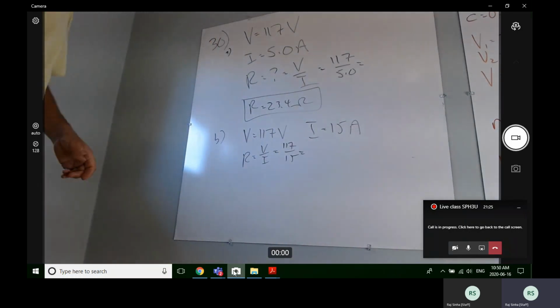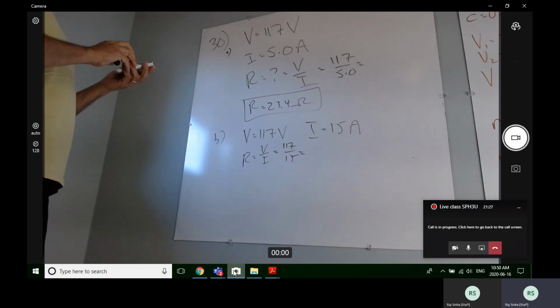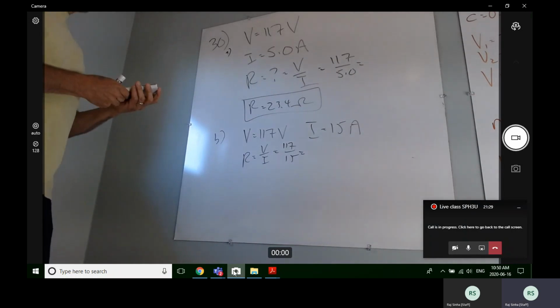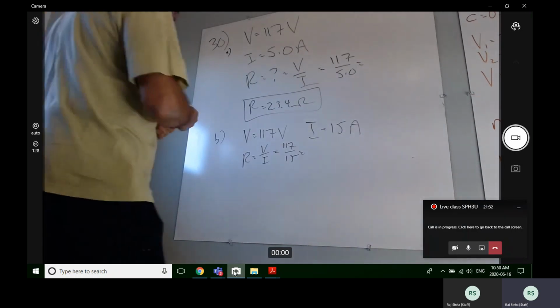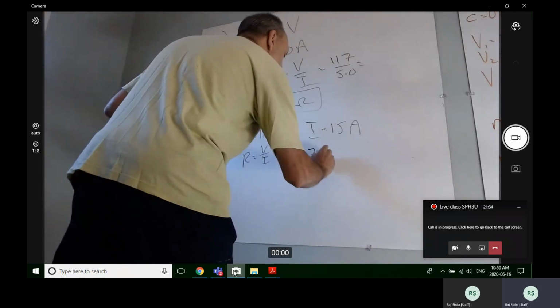This is an important question because it sets us up for a bunch of the other ones that are going to come up in a minute. Right? This is 7.8 ohms.